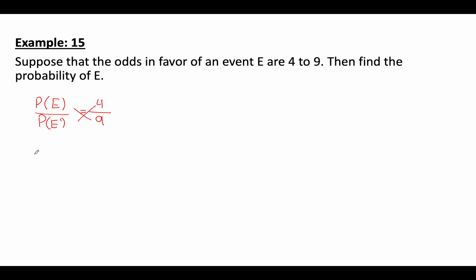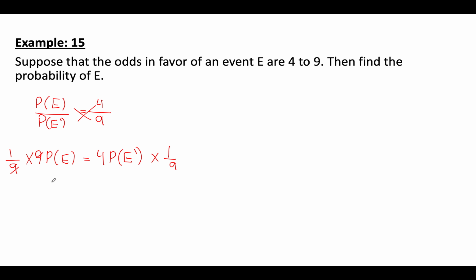both sides. So we get that 9 times the probability of E is equal to 4 times the probability of not E. Alright, then we want the probability of E on one side, so we will multiply by 1 over 9 again here. Now all these steps are mathematical steps; you've already got this information.